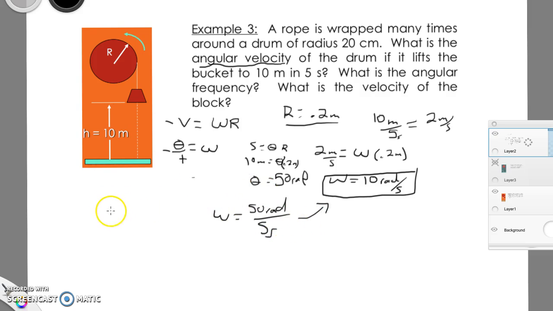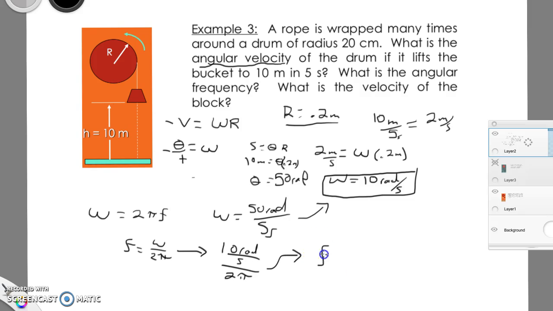Again, we can also find our frequency, because remember that omega is equal to 2 pi times the frequency. And so that would mean that frequency is equal to omega divided by 2 pi. So we're going to say 10 radians per second over 2 pi radians to convert that to revolutions.